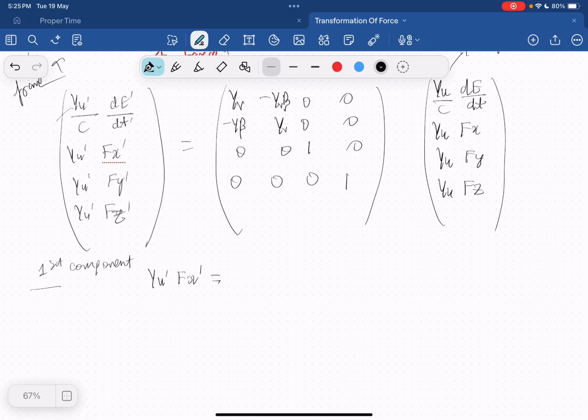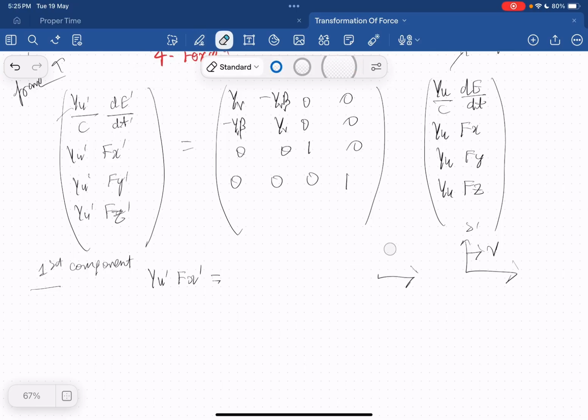So with that we can distinguish that we are actually talking about transforming from one frame to other, where this is S frame, this is S prime frame. These two are not the same gammas.